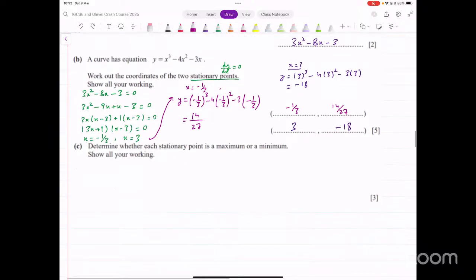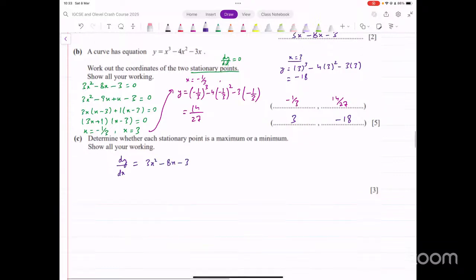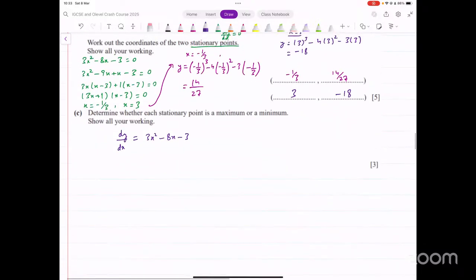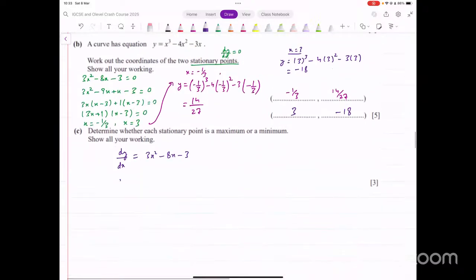We can differentiate that once more. Let me write that down here. 3x squared minus 8x minus 3. Let's find the derivative of this again. d squared y over dx squared. What's the derivative of this? That's 6x. Minus derivative of 8x, that's minus 8.